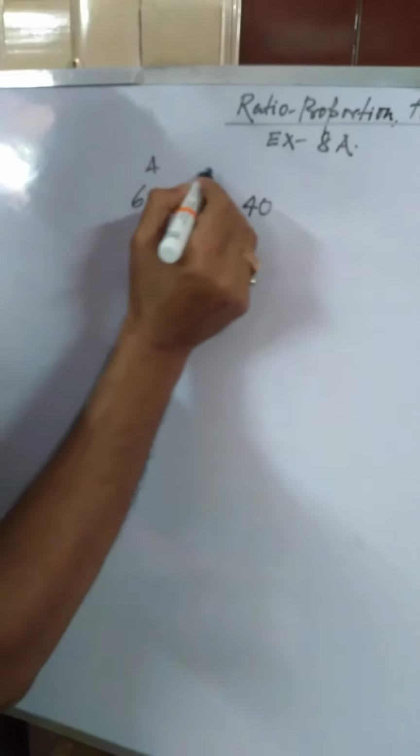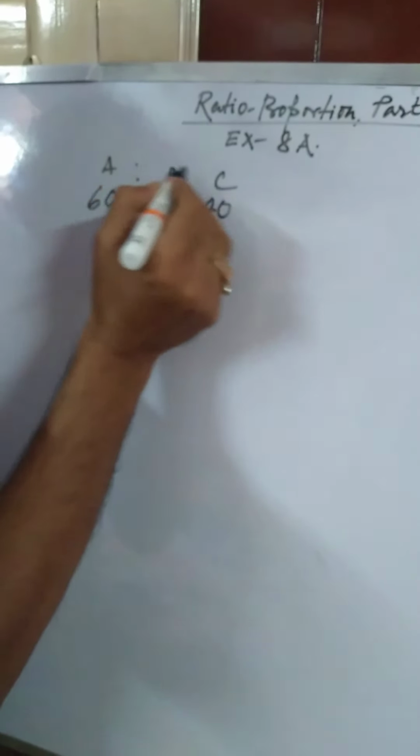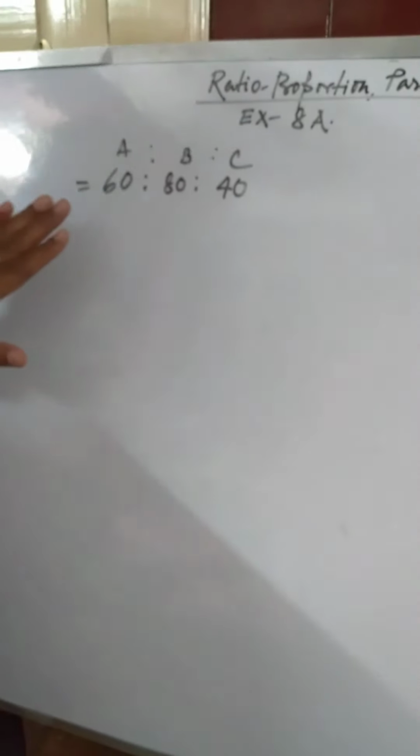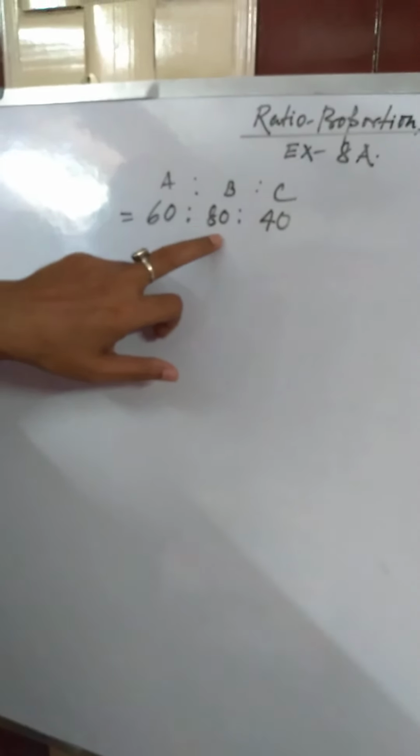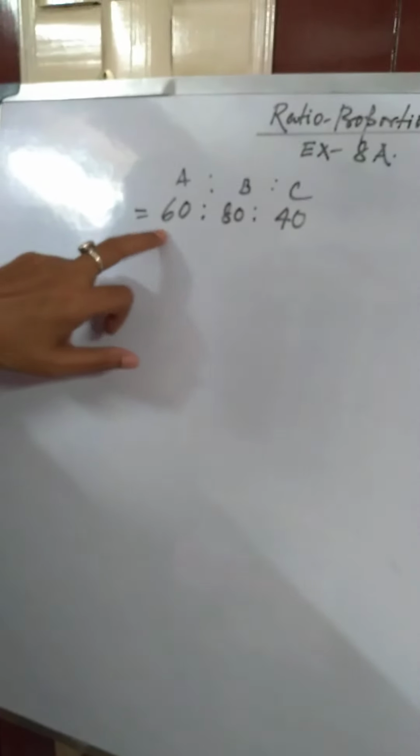So the ratio of the three students, say A, B and C, A is to B is to C, the ratio of their marks in mathematics, A got 60, B got 80, C got 40. So 60 to 80 to 40 is the ratio of their marks in mathematics.